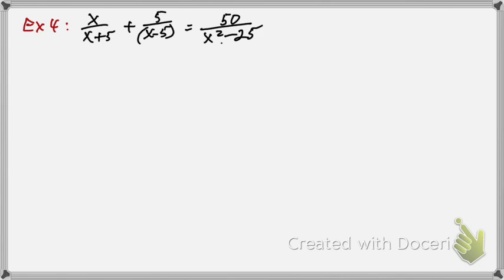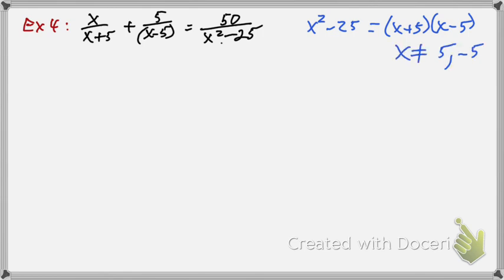First thing I do, I want to factor the denominator on the right-hand side. So it's the difference of two squares, so I get x plus 5 times x minus 5. That means x cannot be 5, and it can't be negative 5, because that would give me zeros in the denominators.